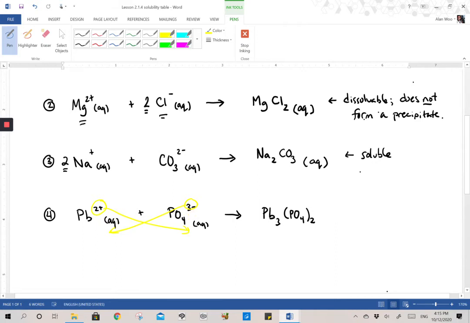So the combined charge in this case will neutralize each other to give you the formula Pb3(PO4)2. The substance we said was low soluble, so it will form a solid precipitate.